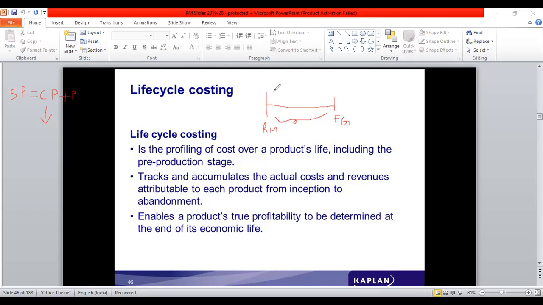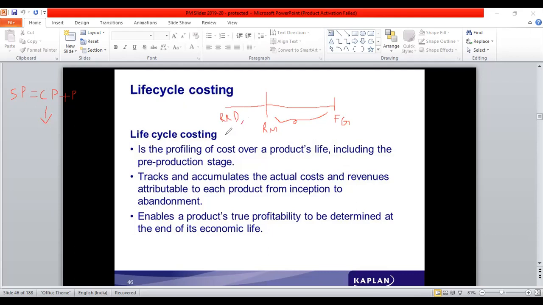But before the production starts, before acquiring the raw material also, we see that there are certain costs which are incurred. We call them the initial cost, like research and development cost. Then we see product designing, process designing, those things are also incurred. So we have designing costs.